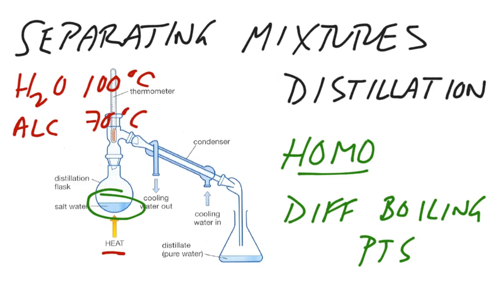As you heat up this mixture, once the mixture hits 70 degrees Celsius, the alcohol will start to evaporate. And as long as that heat is kept somewhere in the range of 70 to 100 degrees, none of the water will evaporate. So as the alcohol evaporates, it will take the gaseous form right here.